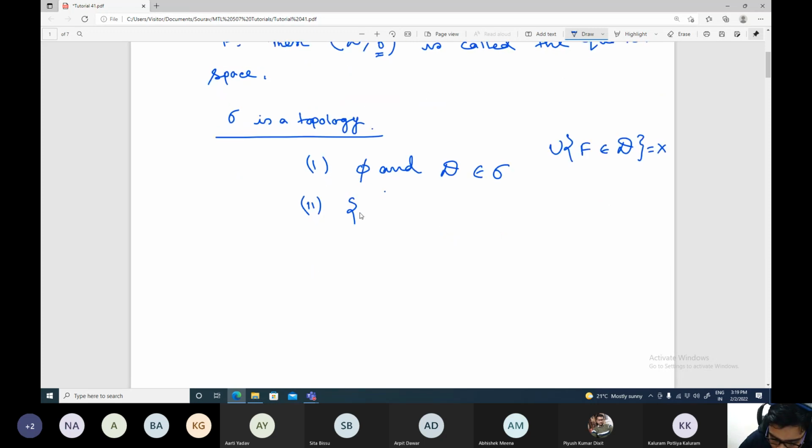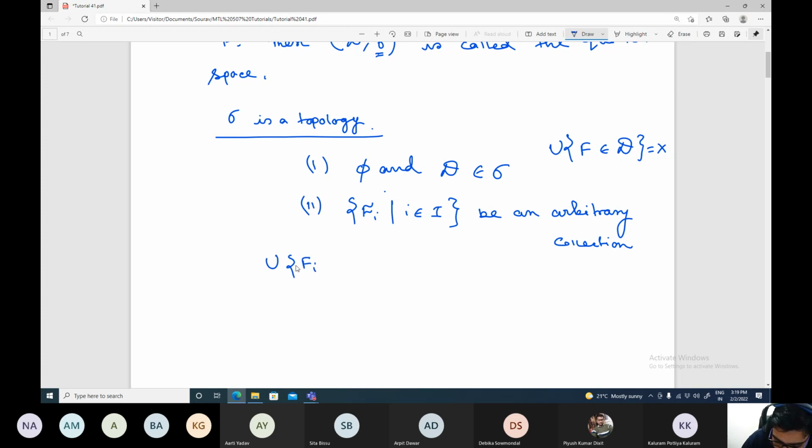Number two: take F_i, where i belongs to some index set I, be an arbitrary collection, and then take the union of F_i. You have to prove that this union over i in I of F_i belongs to sigma.